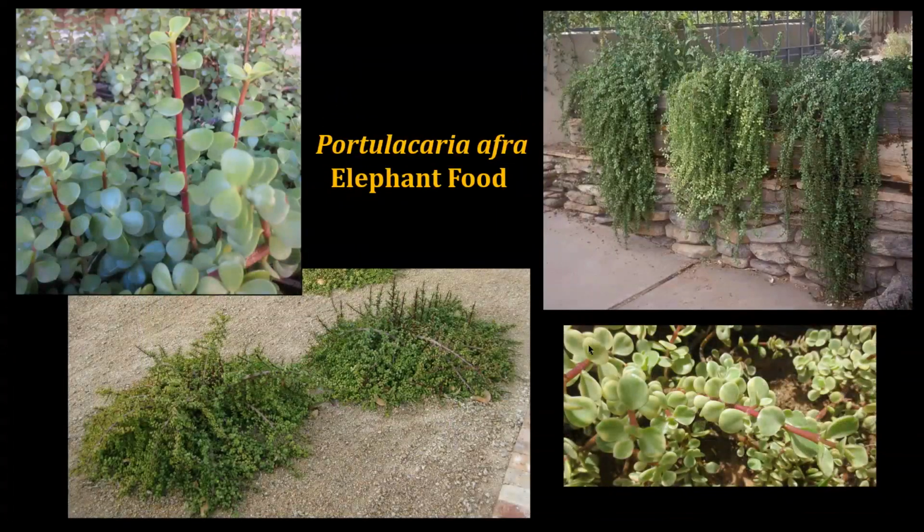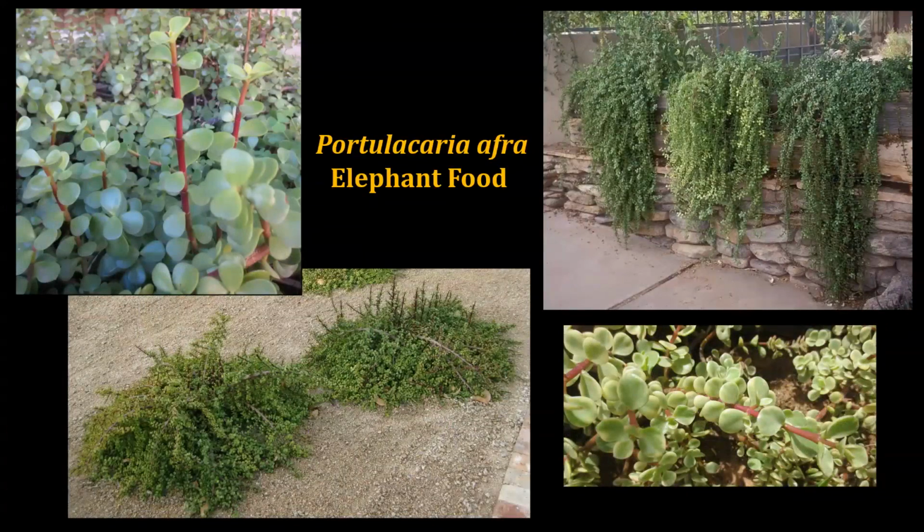Elephant food, this is about the most versatile succulent we can use in our gardens and our landscapes. It can grow in full sun to lighter, even it's one that you could put in that dense shade, but it's going to get pretty stretchy. But I'd say it might do better than a lot of other plants.